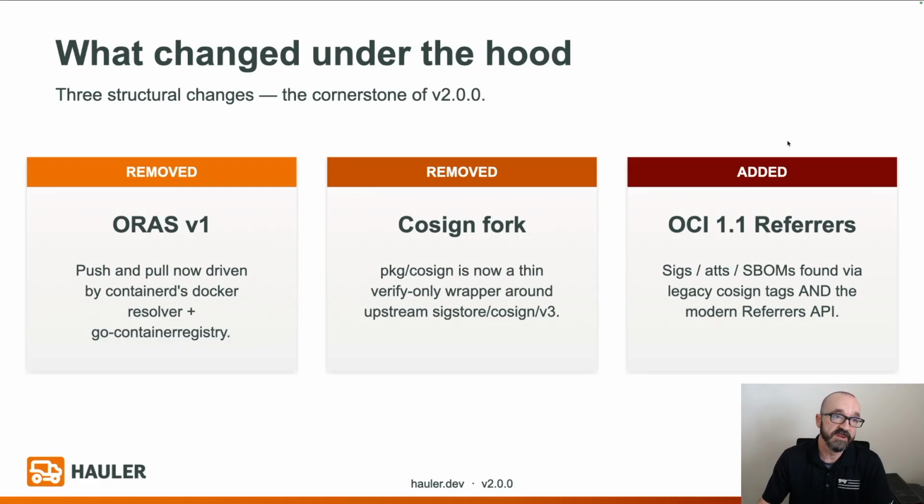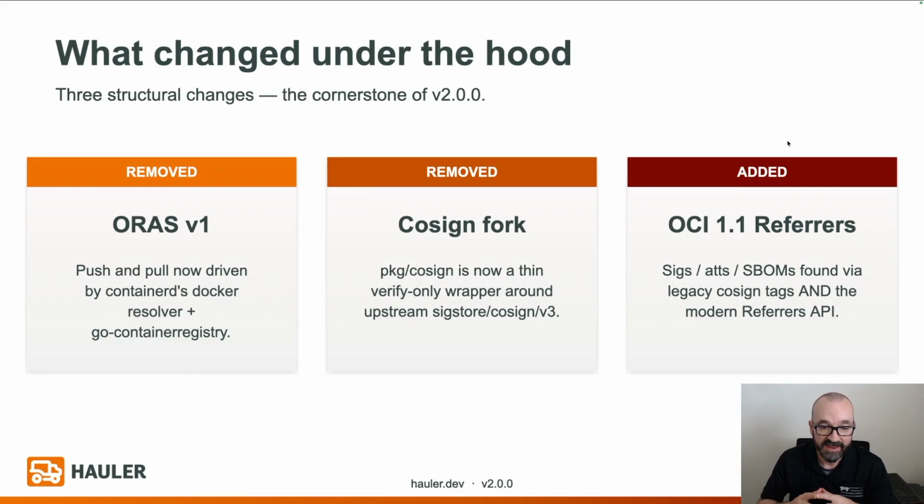Some is that we were able to remove some middlemen, like Oras. We used v1 of Oras, and that sparked the conversation to begin with, in that it was outdated. We really needed to move to v2 if we were going to stick with Oras.